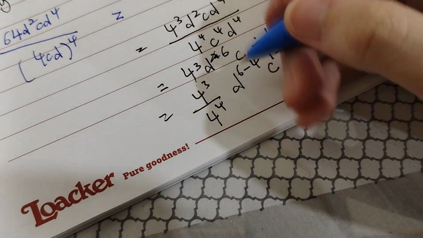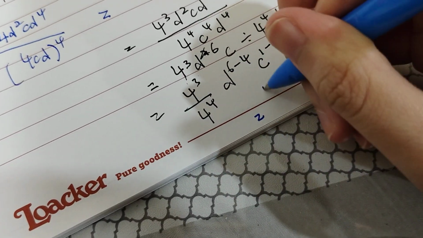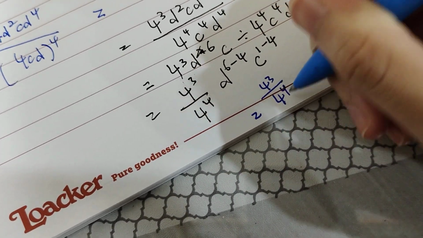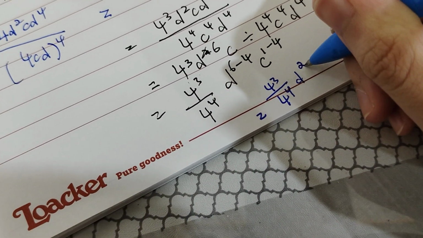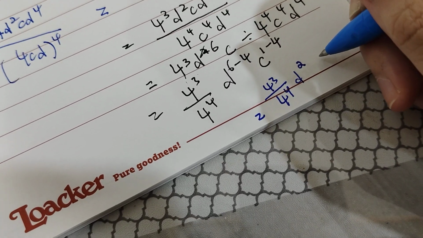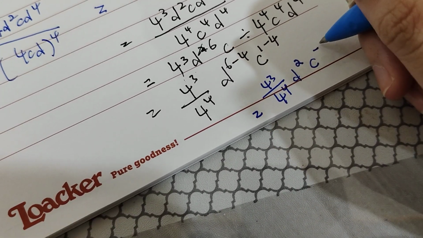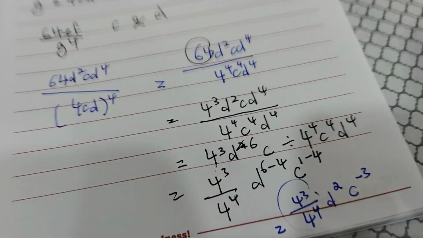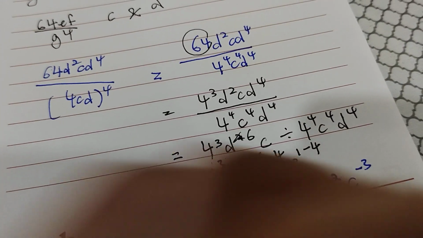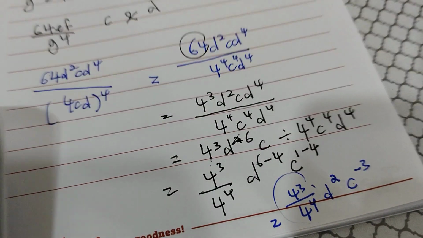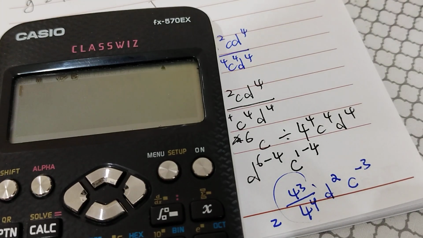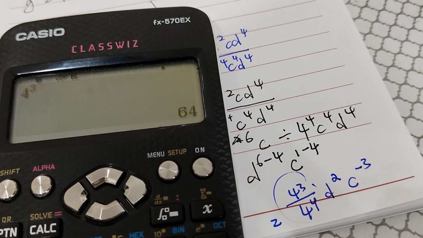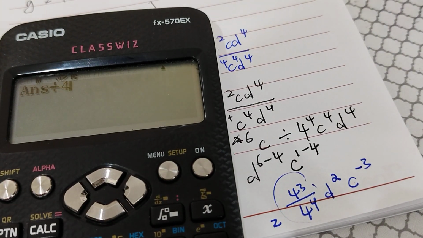That should give you, I'm gonna ignore this 4 first, d2, that should give you c negative 3. Okay, amazing. Now this, I think I'm gonna put into real numbers. So 4 power 3 divided by 4 power 4.